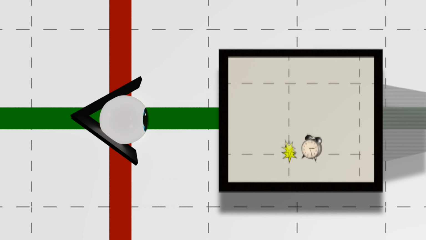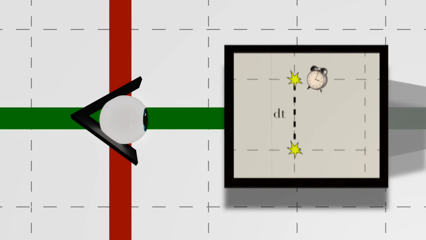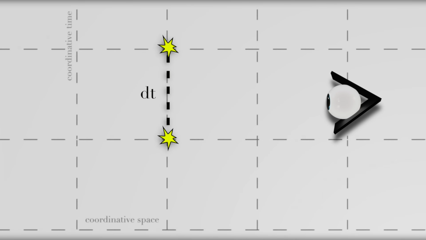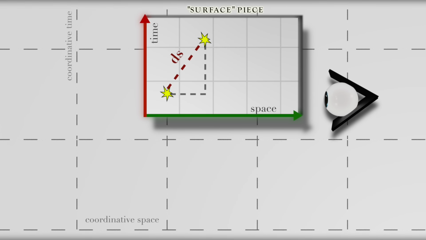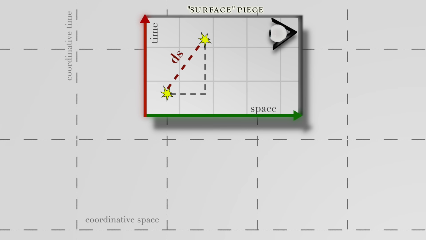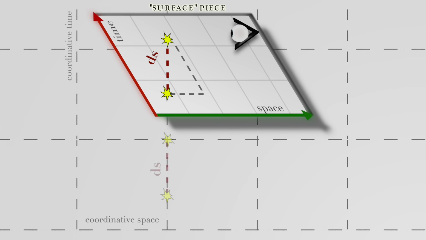Similarly, the world events defining the span of the coordinative dt interval are perceived by the map observer as being only separated in time. However, a local observer may measure them as also having spatial separation. If either of these is the case, the local observer's spacetime grid may have to be skewed to fit to the map grid, or vice versa.